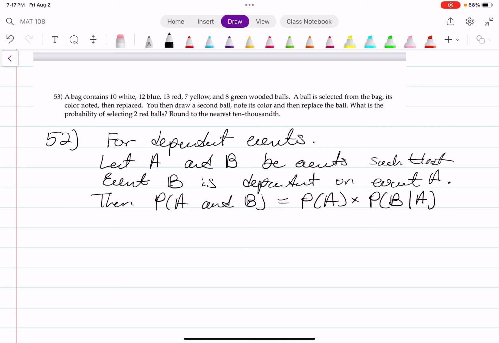And this ties right back into conditional probability. As a matter of fact, you can derive the conditional probability formula from the multiplication rule of dependent events.